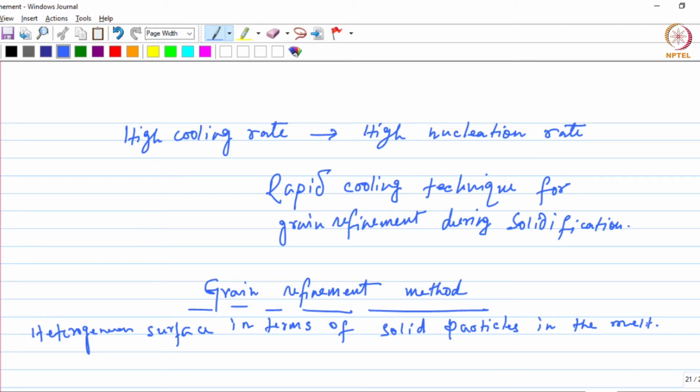Right? And this is what is done in this process known as melt inoculation. This is basically addition of those grain refiners into the liquid metal for promoting heterogeneous nucleation to refine the grain size. Okay, and that is what we are going to discuss next.